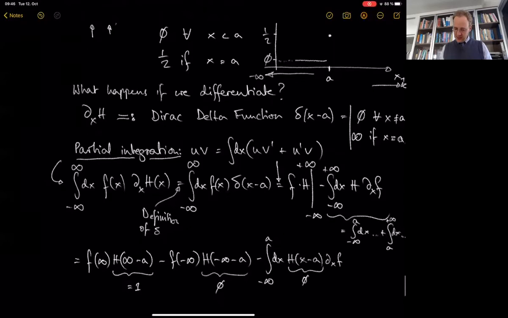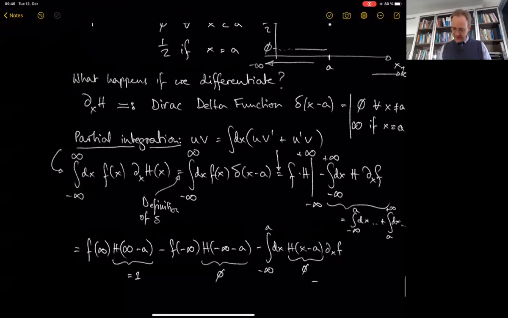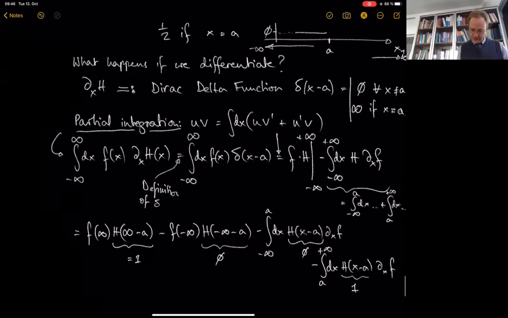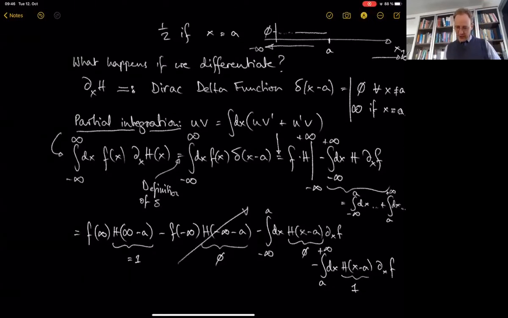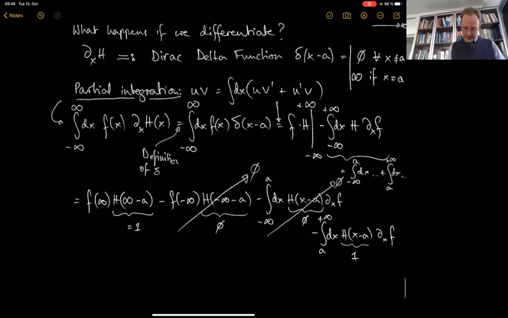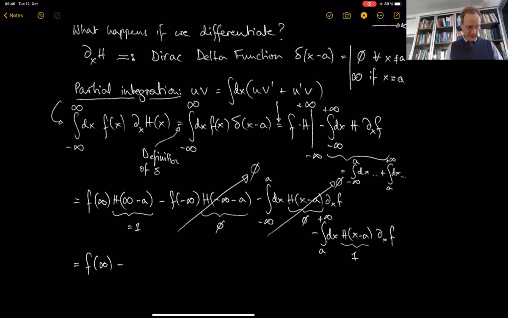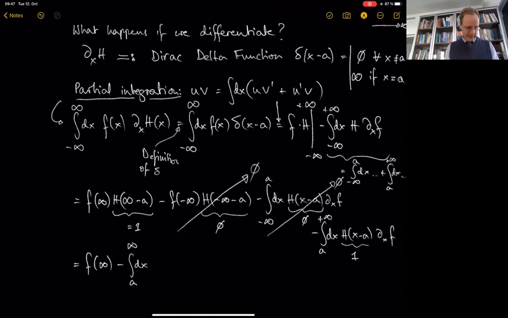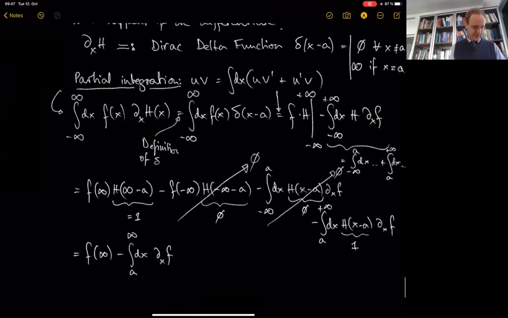And so we are only left with the second integral from a to plus infinity dx of h of x minus a, and that part is just 1. That gives us the integral of dx f prime. So basically this term dies and this term dies, and you're left with f at infinity minus the integral from a to infinity dx f prime.